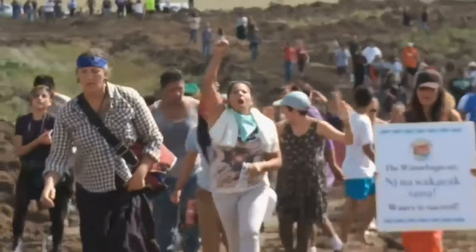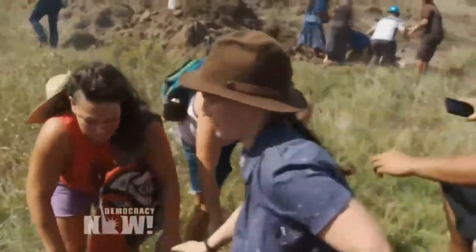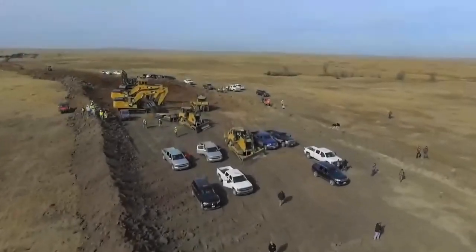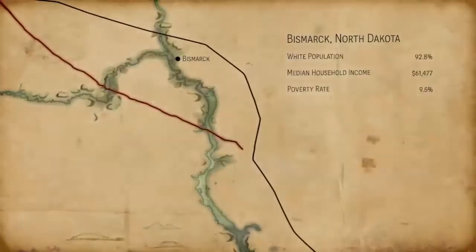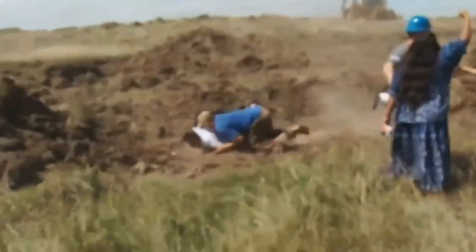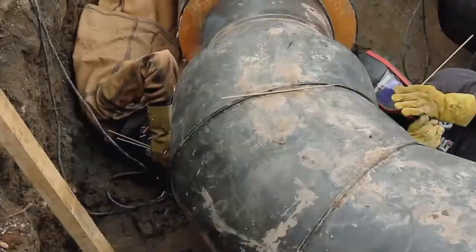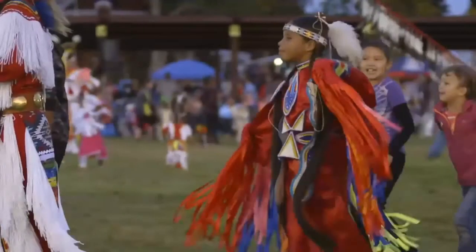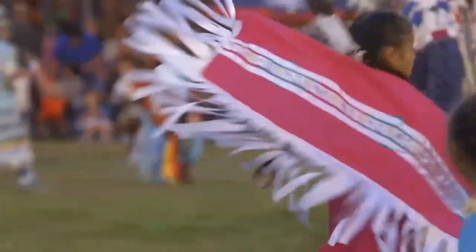Criminals! You guys are criminals! The original pipeline was to go through North Dakota, but it was going through white people's land. So they redirected it, put it through the Indians. What it all comes down to is wanting clean drinking water for our children. One family. If we don't stand, who will?